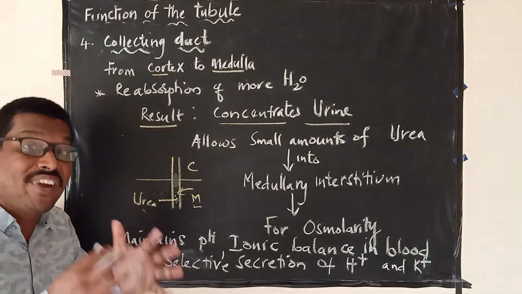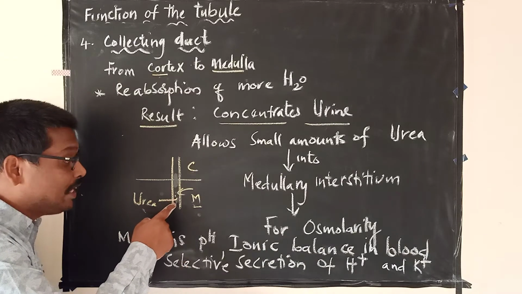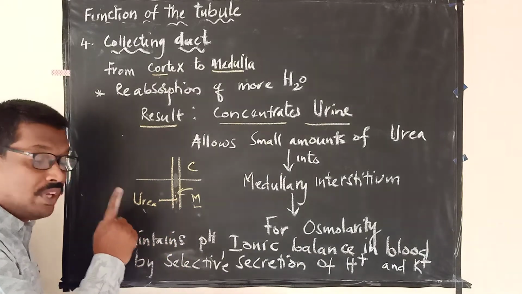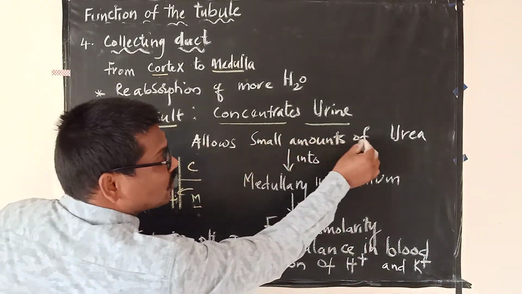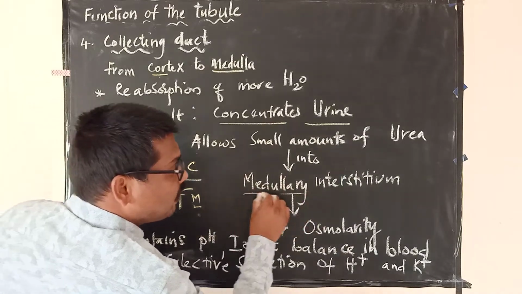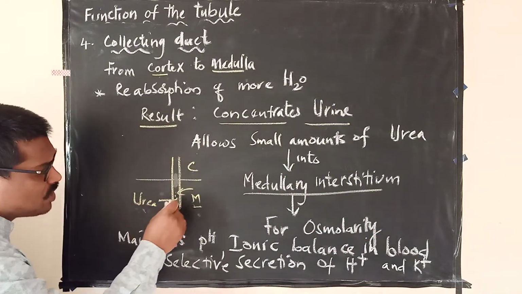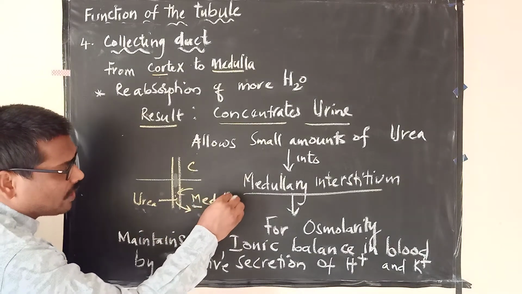In order to prevent that entry of water back from the medulla into the collecting duct because of the urea concentration, the collecting duct allows small amounts of urea into the medullary interstitium. Just to balance, some of this urea will be coming back into the medullary region, the medulla.